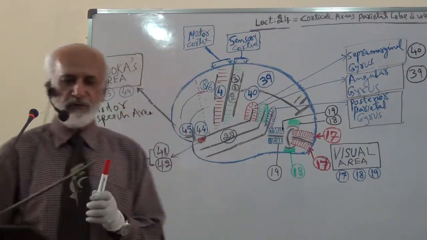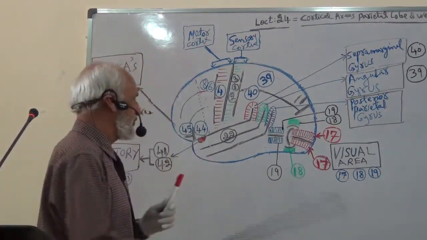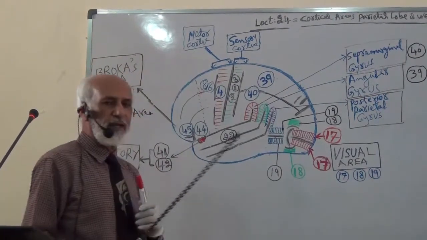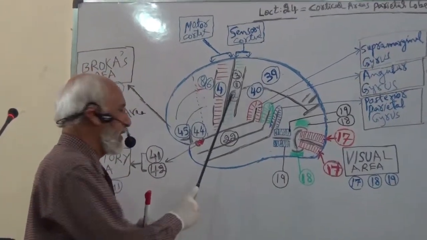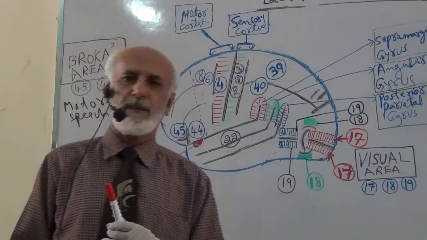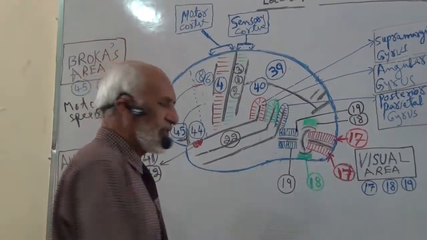All this sensory information about this object is received by area number 3, and area number 1 and 2 further interpret it.